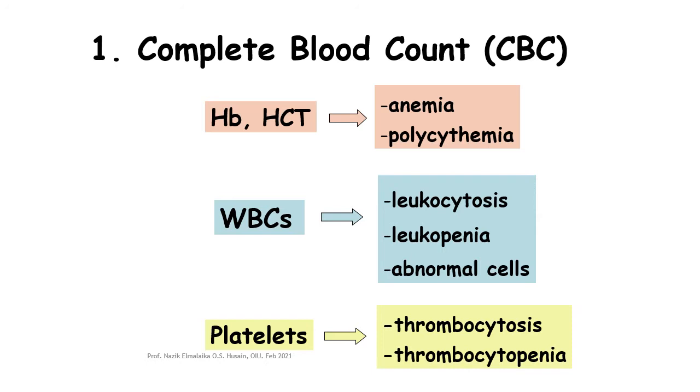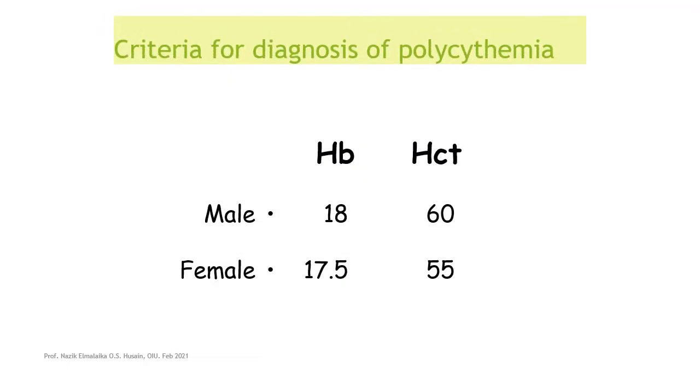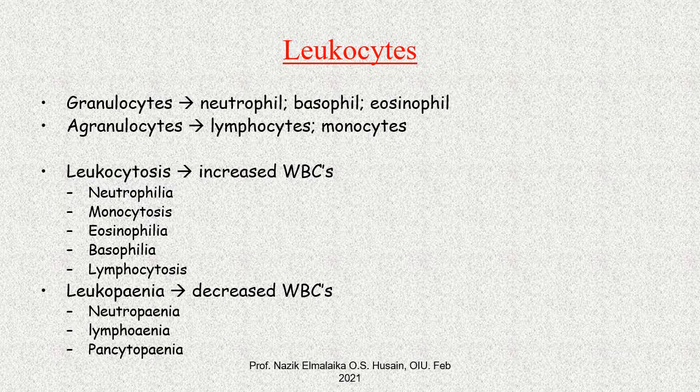The complete blood count also shows the platelets, which can increase in number, called thrombocytosis, or decreased in number, naming thrombocytopenia. These are the main components of the blood, the cellular component of the blood. These are the leukocytes.